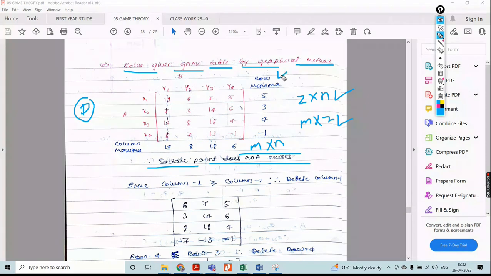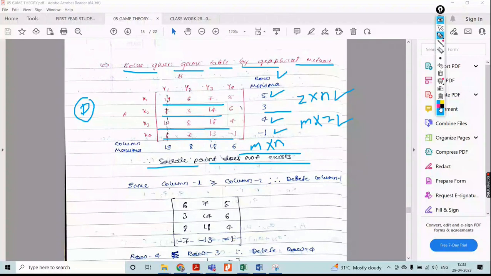First, the row minima. What is the minimum value? In the first row, 5. In the second row, 7, 3, 14, 16, so 3 is minimum. Then 12, 8, 18, 4, so 4 is minimum. Then 8, 7, 13, minus 1, so minus 1 is minimum.